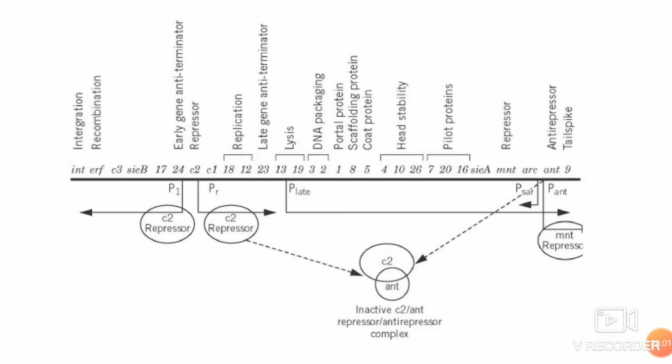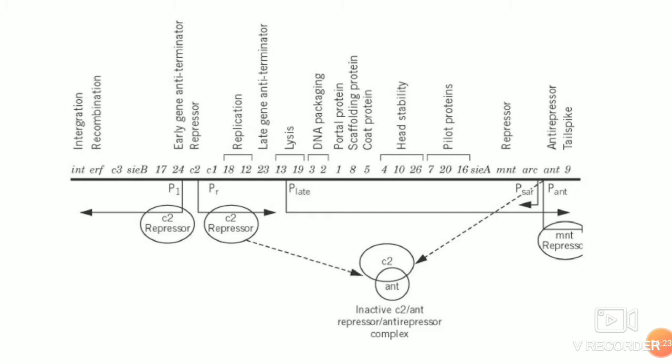In addition to the immunity conferred by the immunity C repressor system, the phage employs other mechanisms to prevent superinfection.